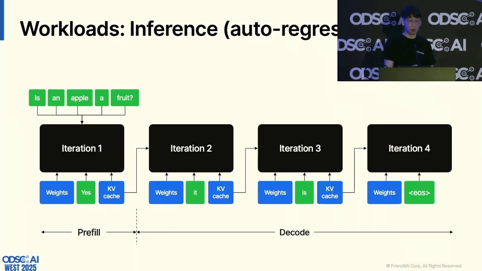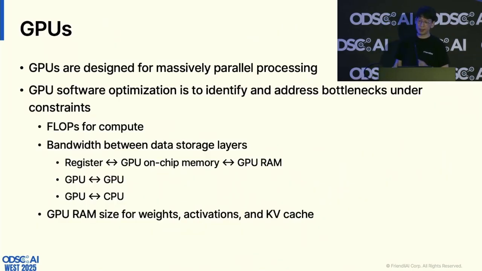So that is the workload. And this workload runs on GPUs. As you know, GPUs are designed for massively parallel processing, making them well-suited for the large-scale computations required by modern AI models. From a systems perspective, GPU software optimization is all about identifying and addressing bottlenecks within the limits of compute, memory, and bandwidth.